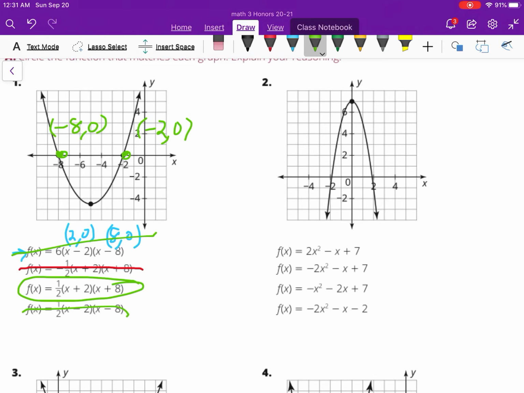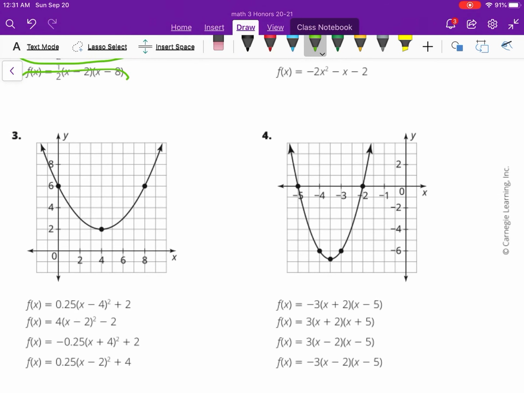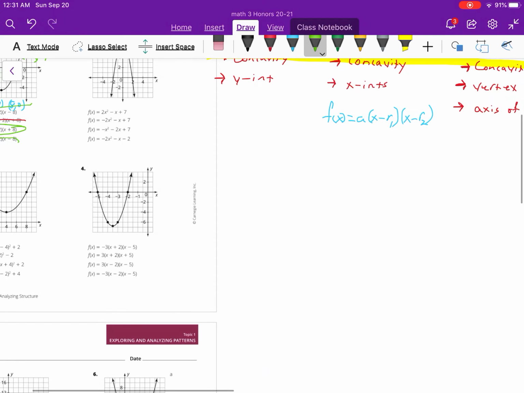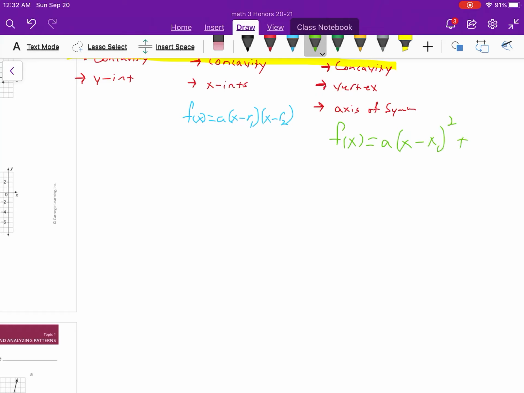That's matching a graph with factored form. Now we are going to look at one with vertex form. If we're not sure what vertex form is, we'll go off to the side and write it down. I'll keep this light green here: f of x equals a times x minus x1, in parentheses, squared, plus y1.